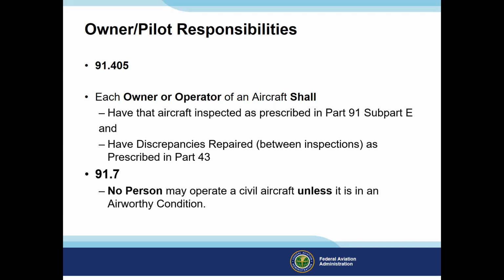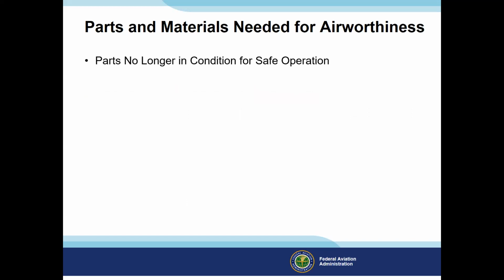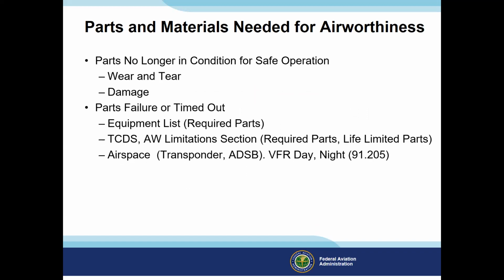These rules are still in effect even when we have those shortages, and you need parts and materials to maintain airworthiness. We saw some of the factors that come into play: wear and tear, damage, parts failure, or reaching their life limit.